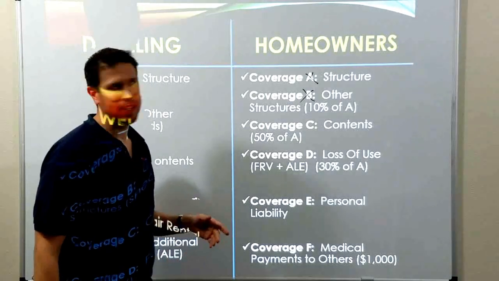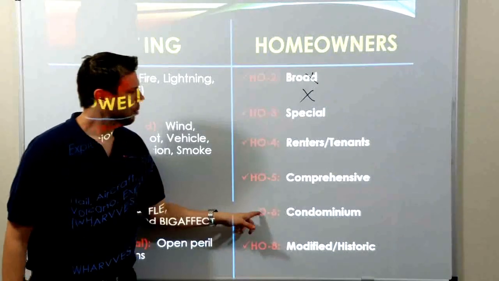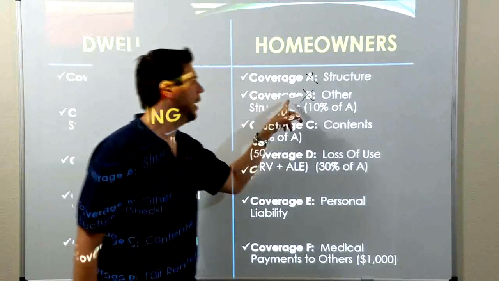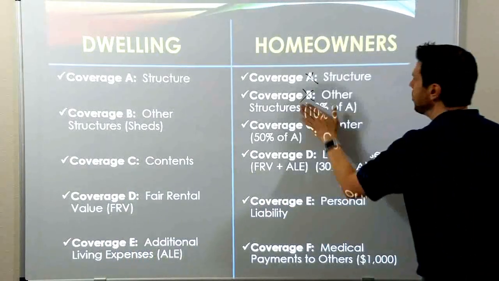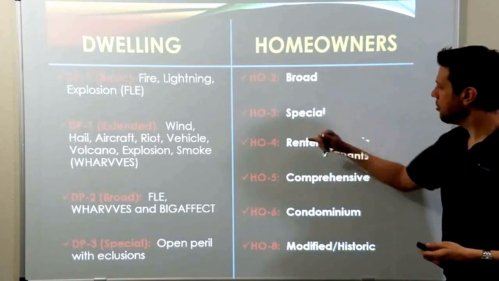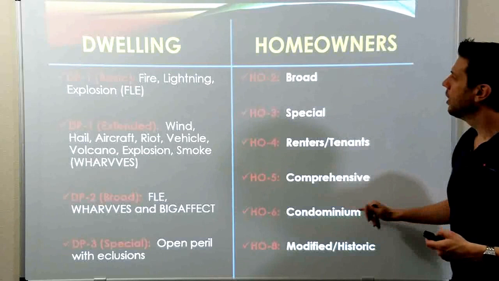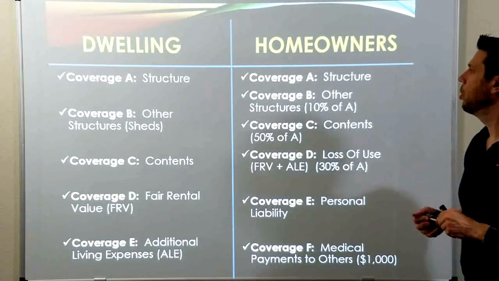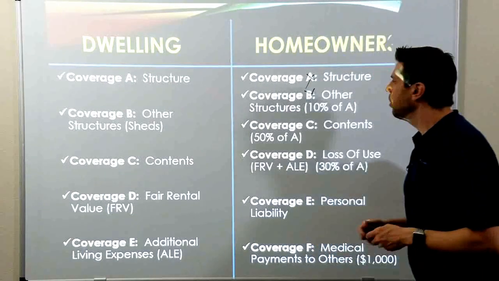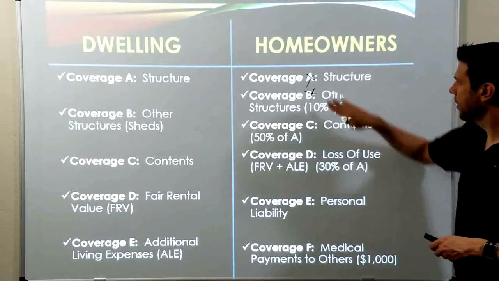So an HO4 doesn't have coverage A and B. But a condo policy, an HO6, you do own the house. So an HO6 does have coverage A and B. An HO4 and an HO6 are very similar. The only difference is the HO4 does not cover the structure, whereas the HO6 does cover the structure.